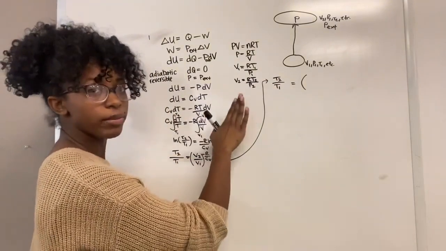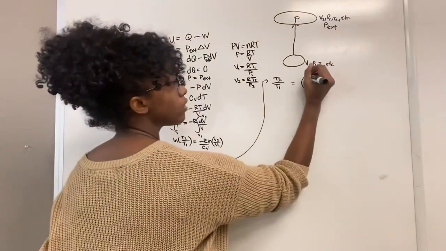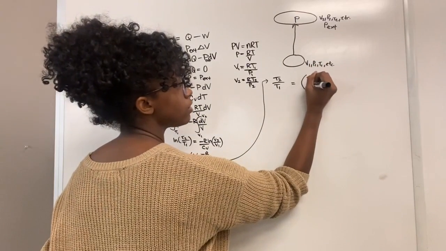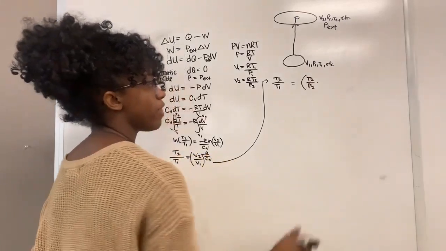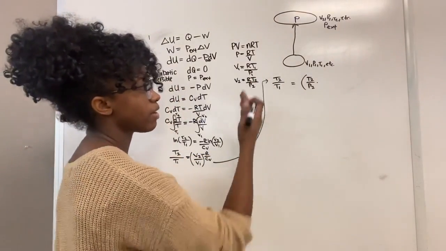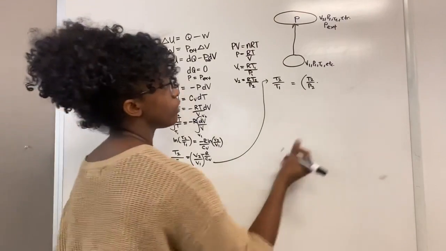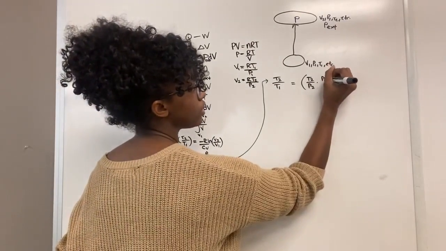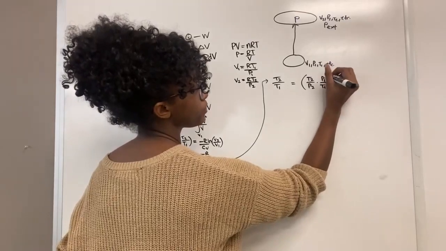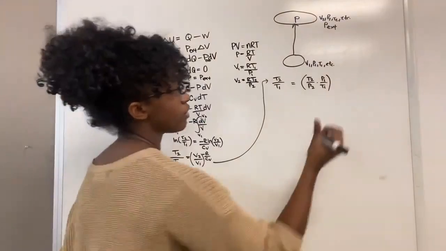We're going to omit the ideal gas constant because it'll cancel out. So we have T2 divided by P2, and then divided by T1 divided by P1, but we'll just multiply it by the reciprocal so that it's P1 divided by T1. And we have to raise this to our exponent of negative R divided by Cv.